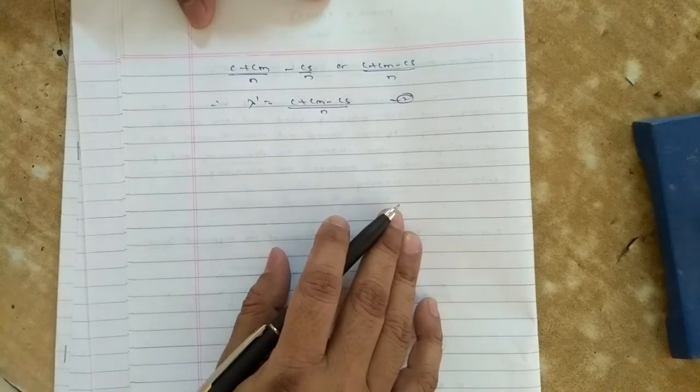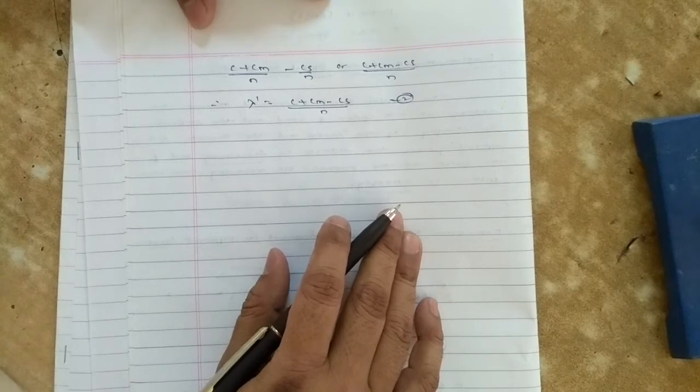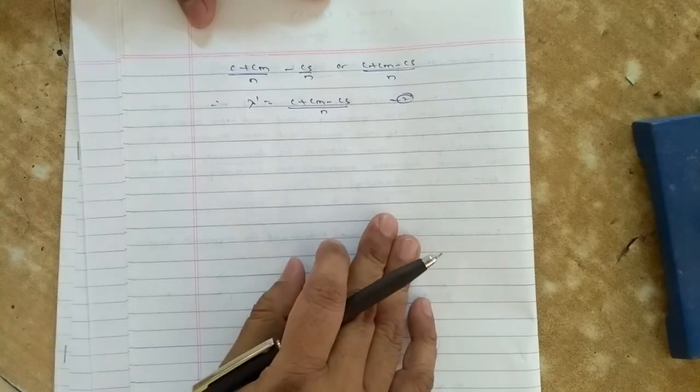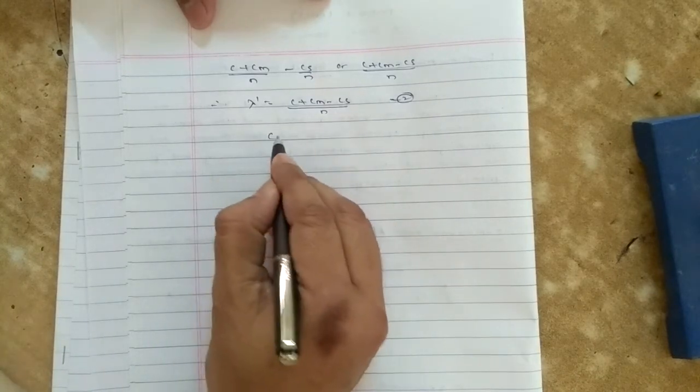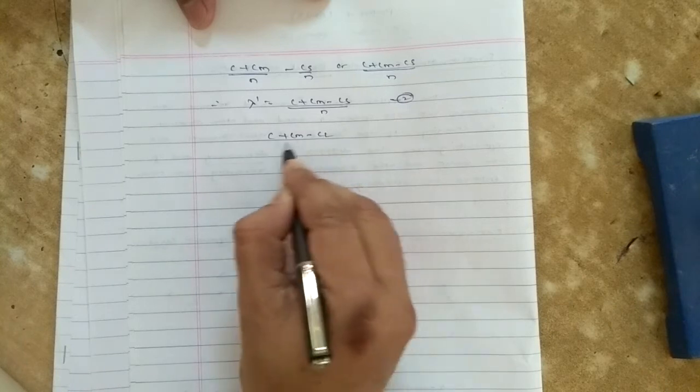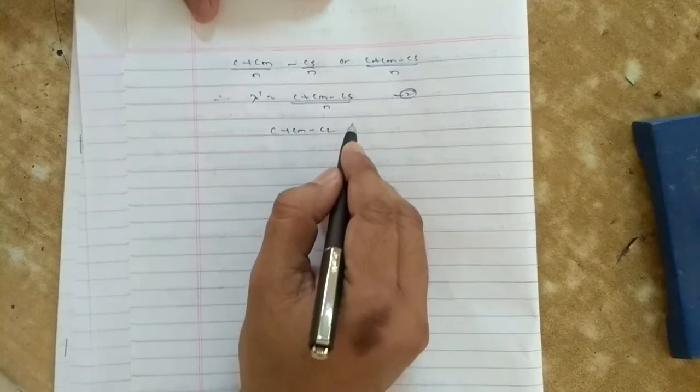The velocity of the listener is cl along the same direction as that of the source, medium, and sound. The effective velocity of the sound with respect to the listener will be c plus cm minus cl. Okay, this is the listener.